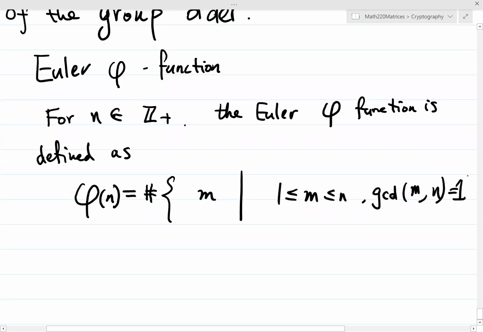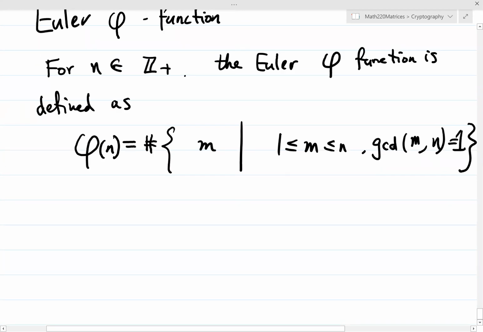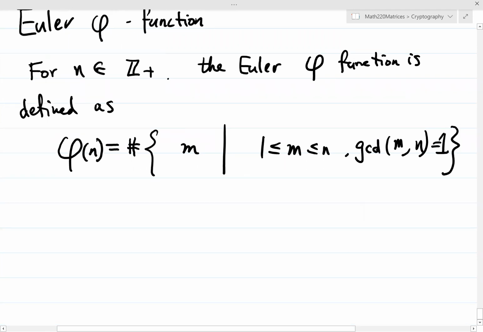They have no common divisor. So we count how many numbers are coprime with n.